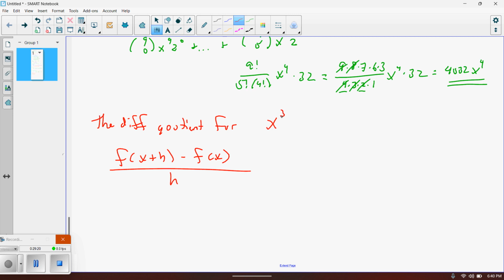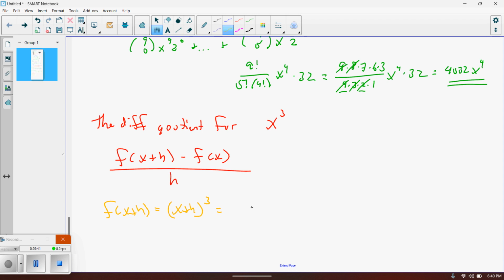So you can see how this will be helpful, because if I want to do f of x plus h, well, that's going to be x plus h cubed. Well, we need to expand that in order to do the difference quotient. So x plus h cubed.